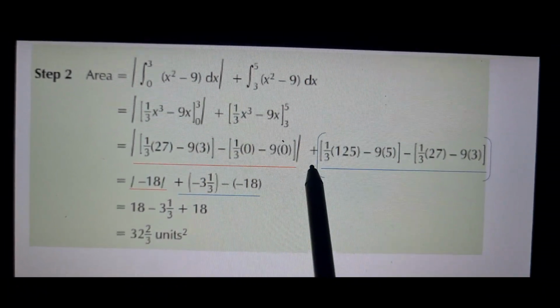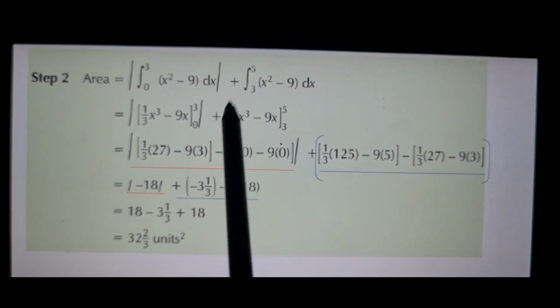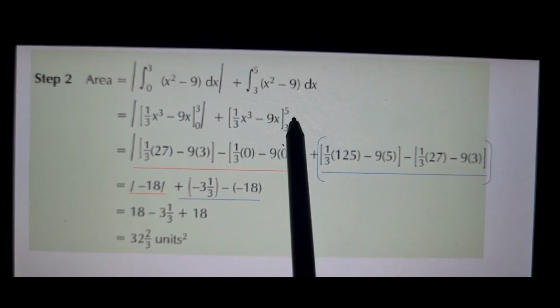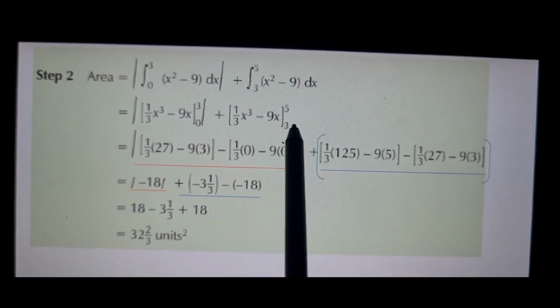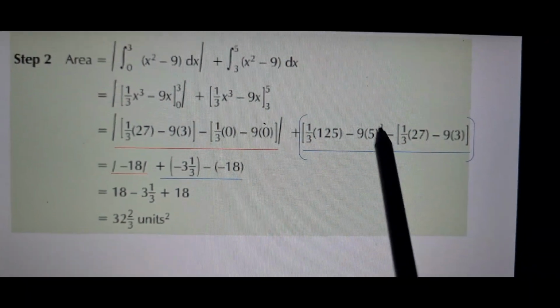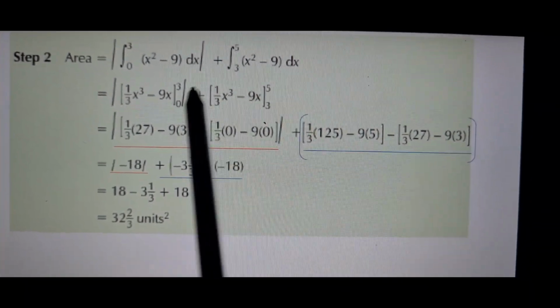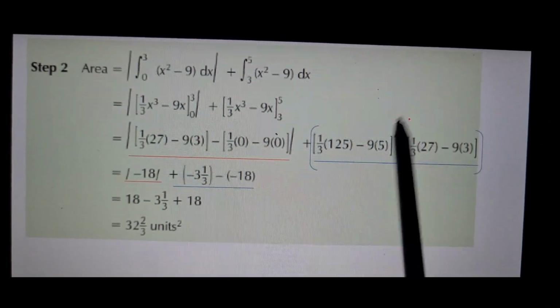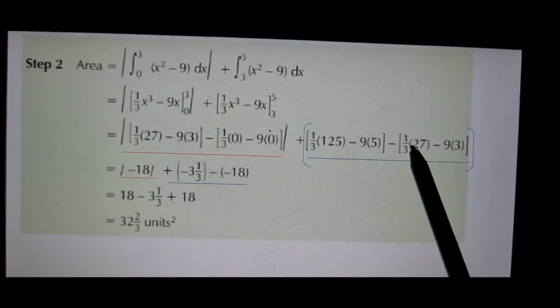Over here, so plus, I am now working out the second integral. So again, sub in your upper interval of 5 into the function and take away the lower interval of 3 that you subbed in. So this is when you sub in your upper interval of 5. That's what it works out to be, right? 5 cubed is 125. Minus, this is when you subbed in your lower interval of 3.